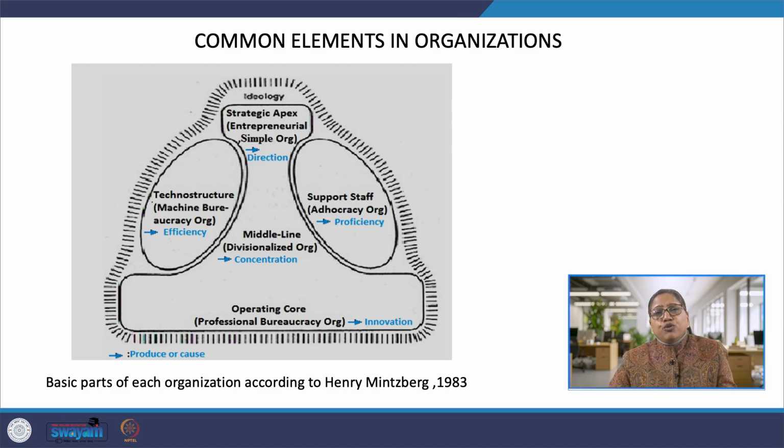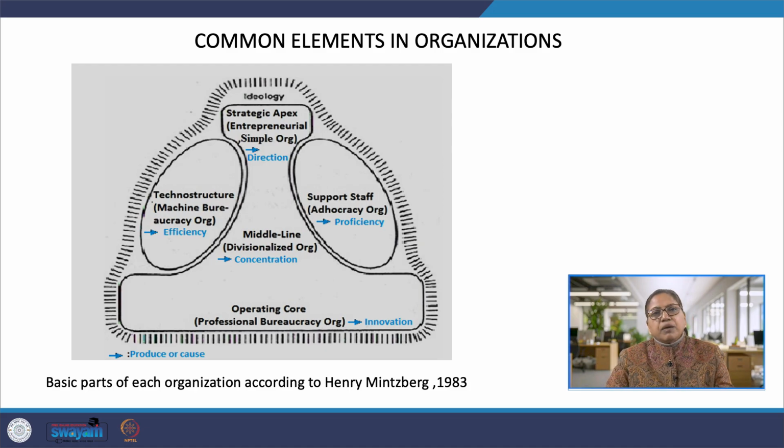While there is no universally agreed upon framework for classifying organizations, there is a standard given by Henry Mintzberg. Mintzberg has argued that there are five basic parts in any organization: the operating core, the strategic apex, the middle line, technostructure, and the support staff. The operating core consists of employees who perform the basic work related to production of products and services.